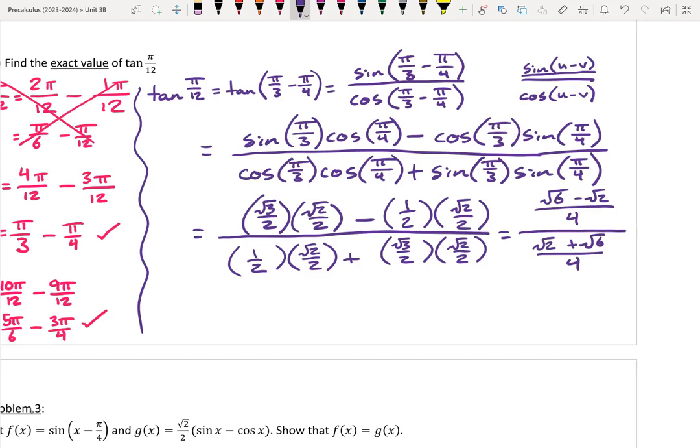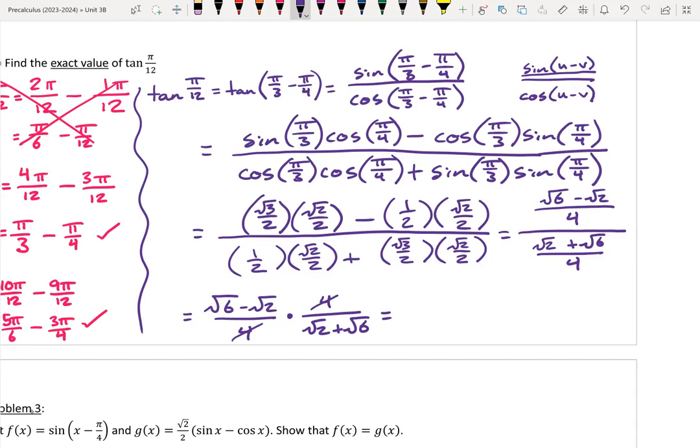Okay. Now, we have a fraction divided by a fraction. How do we divide fractions? So let's do that. So rad 6 minus rad 2 over 4 times 4 over rad 2 plus rad 6. All right. What can cancel? And be careful. The 4s. Can anything else cancel?